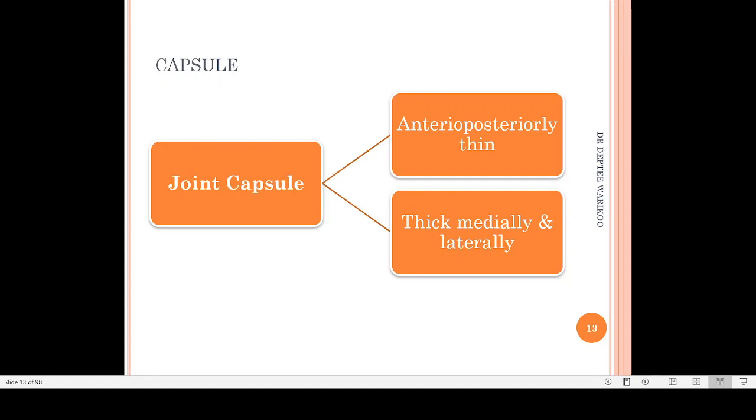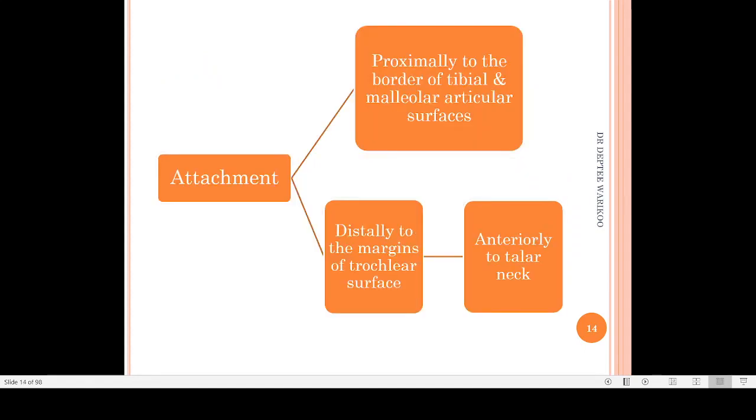The ligaments that support the proximal and distal talofibular joint are important for stability of the mortise and therefore for stability of ankle itself. So we see it is anterior posteriorly thin and it is thick medially and laterally. So if we see the attachments, proximally it is attached to the border of tibia and malleoli and distally to the margins of the trochlear surface.